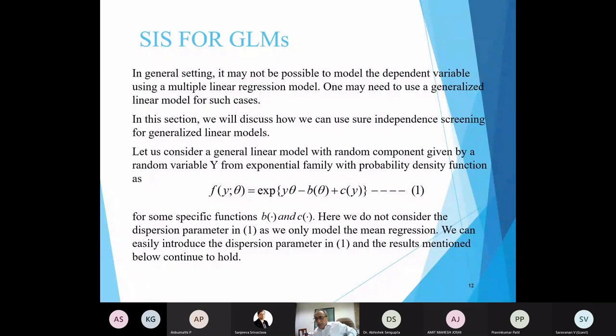But these models are to be used only when your response variable or dependent variable y is continuous. When you measure the temperature, or the blood pressure, or the blood level, those values are not integer values, those are continuous values. So only when the dependent variable is continuous can the regression models that I mentioned be used.